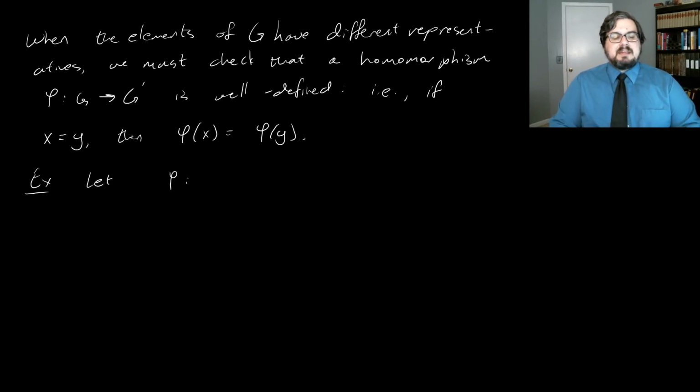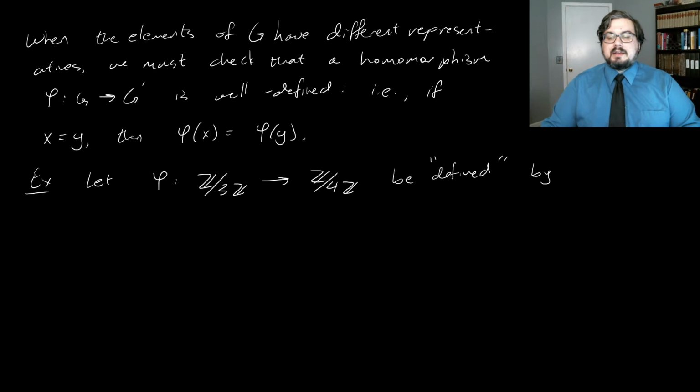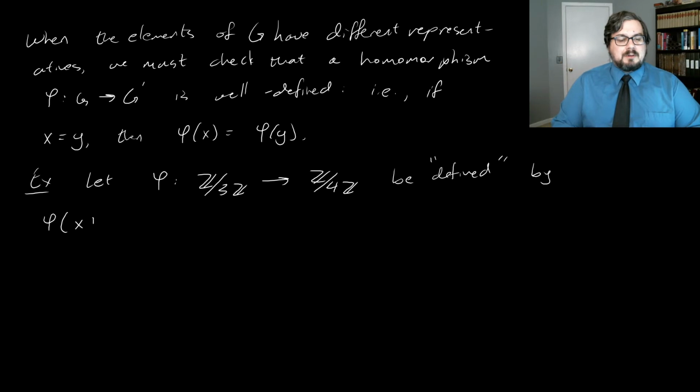So let's let phi go from Z mod 3Z to Z mod 4Z, be defined, in quotation marks, by phi of x plus 3Z is equal to x plus 4Z. Now, in order to keep track of the fact that I've got two different factor groups going on here, I'm not just going to use the bar notation from before. I'm going to go ahead and use the coset notation.